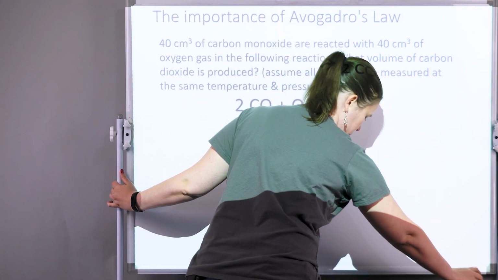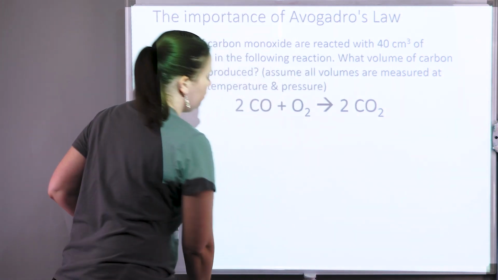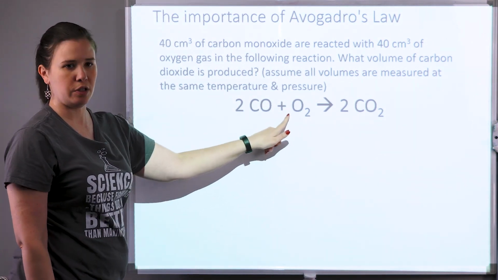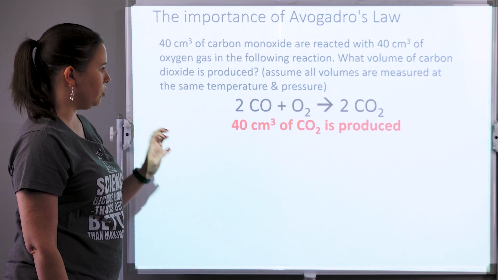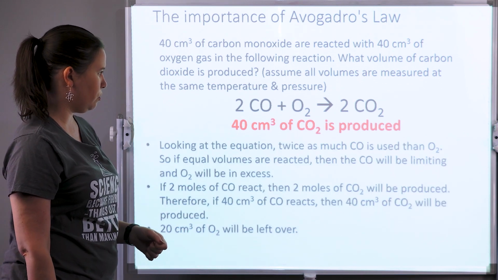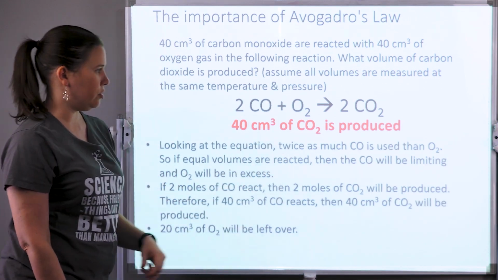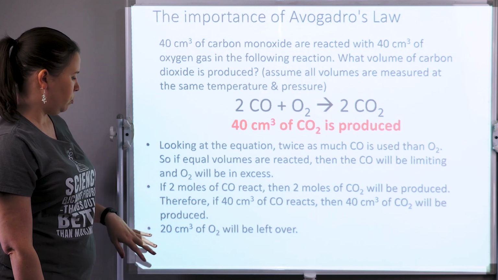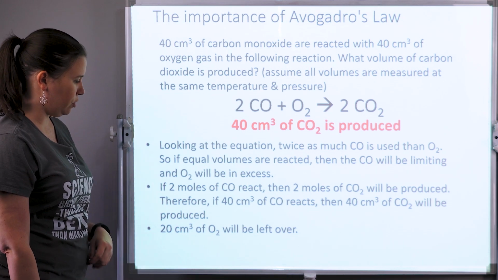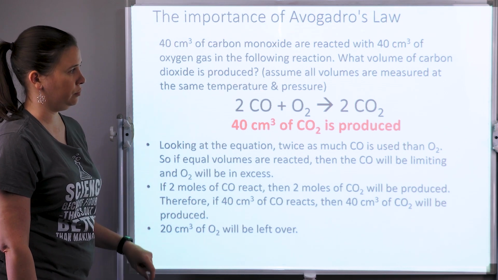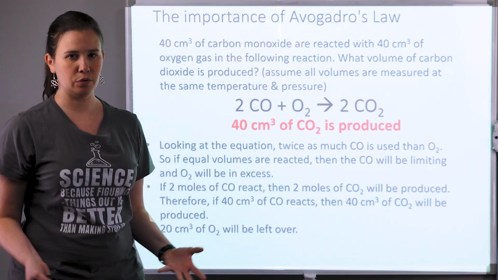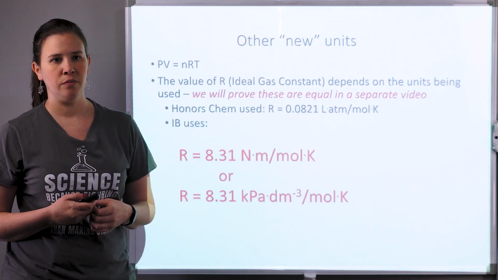So if you're given the volume for one, you can determine the volume from the other, just from our mole ratio. In this one, we produced 40 cubic centimeters of CO2. Twice as much CO2 being used than O2 will leave a remainder of 20 cubic centimeters of oxygen as well. So that's another way to approach problems using Avogadro's law.